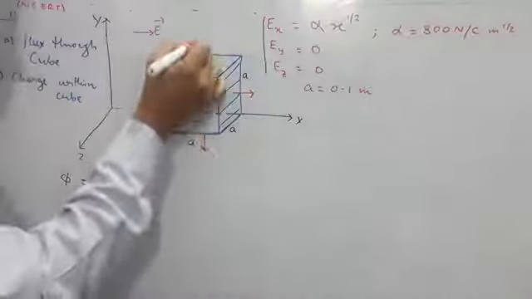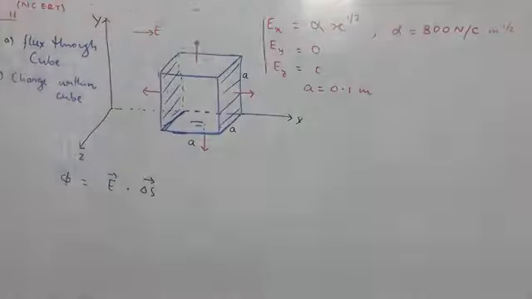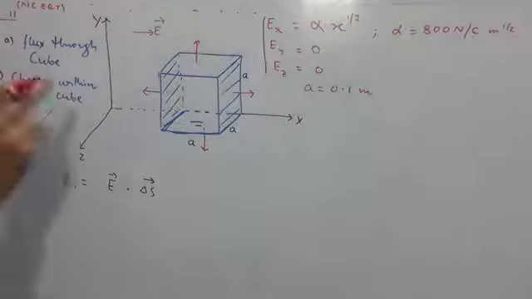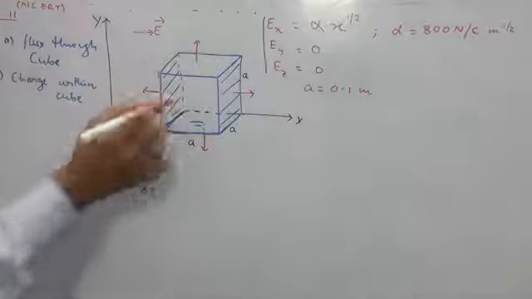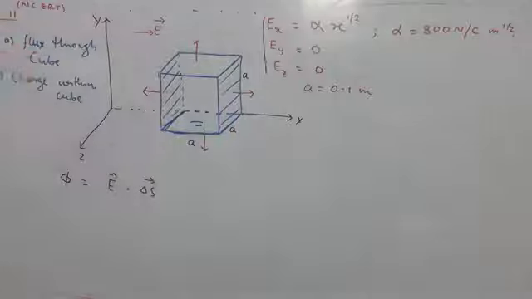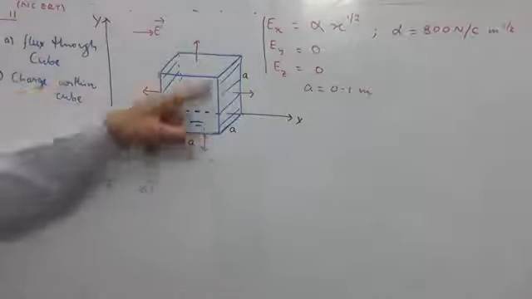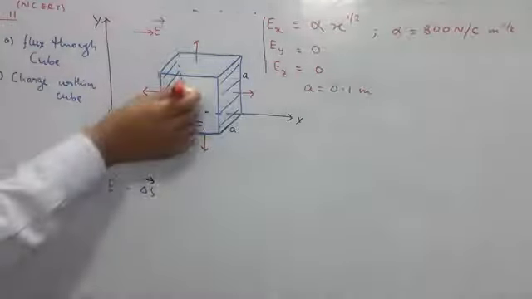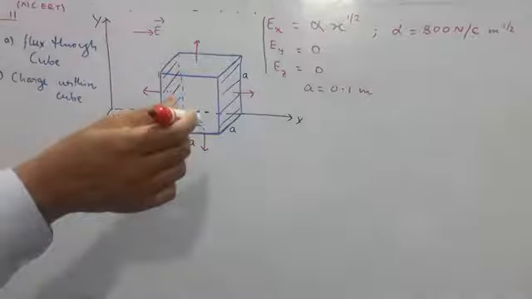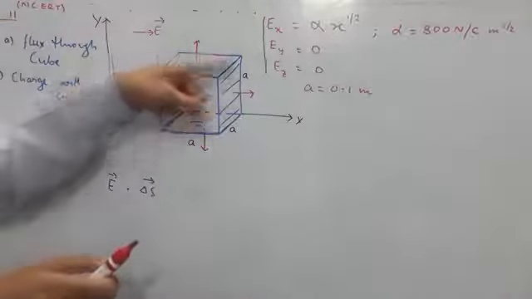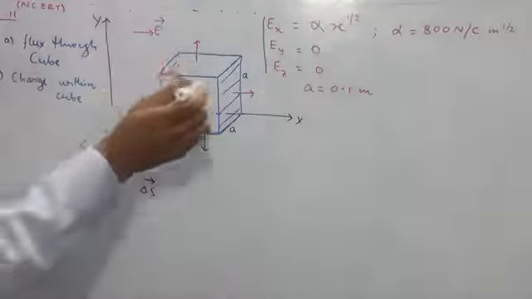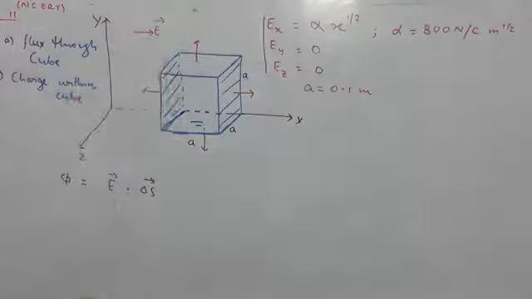For the top face, it will be upward. Is it clear, students? And there are 2 more faces, the front one and the back one. I am not representing them by arrows. You have to understand, for the front surface, the area vector will be directed towards you, like so. And for the rear surface or back surface, the area vector will be directed into the plane of the board.